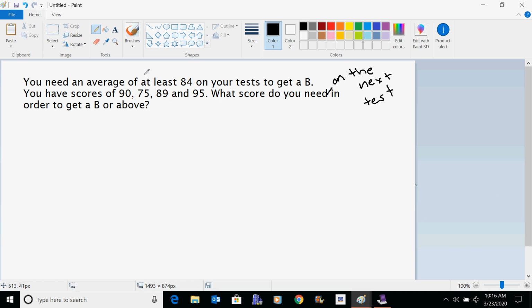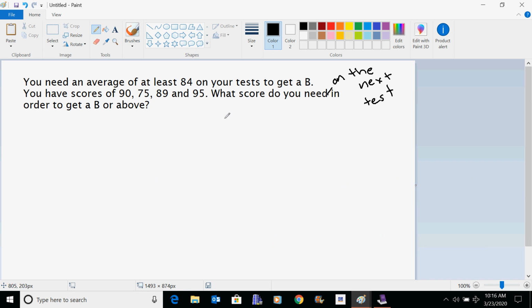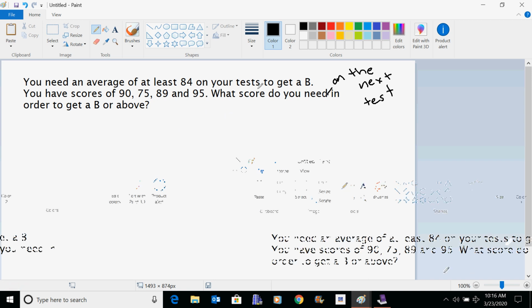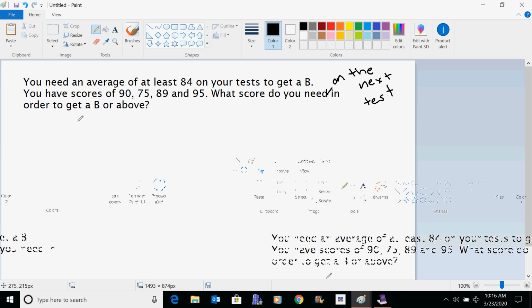So we want to have at least 84. Now, in order to do that, you need to think about what it means to average, and you need to know how to do that, and then think of the idea of at least 84.